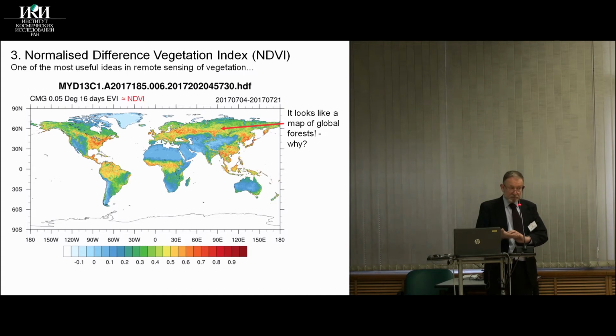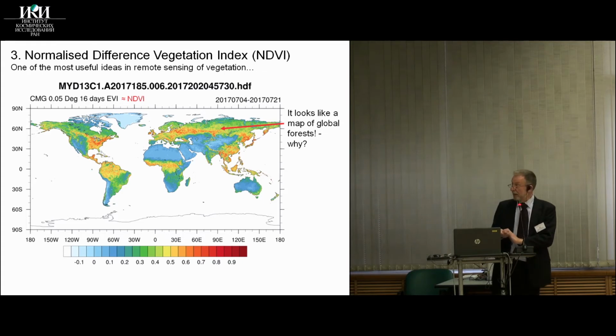Moving on to an area which I will try to expand here. We have a mathematical concept called the Normalized Difference Vegetation Index, NDVI, which I think is pretty familiar and I would say is one of the most useful ideas in the remote sensing of vegetation. The image we're looking at here is not an image, it's a global data set which has been compiled from many images.